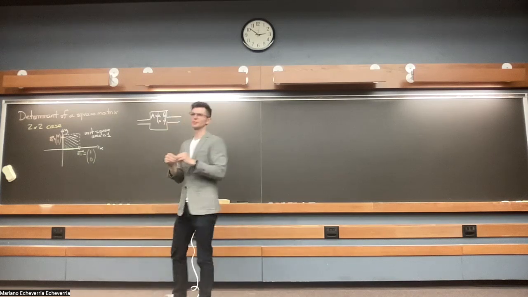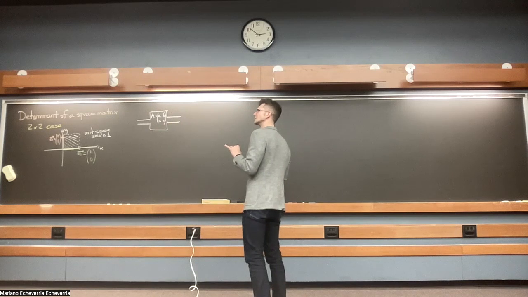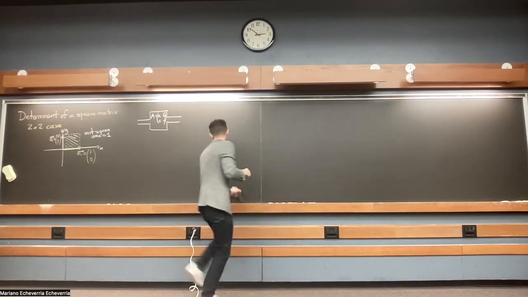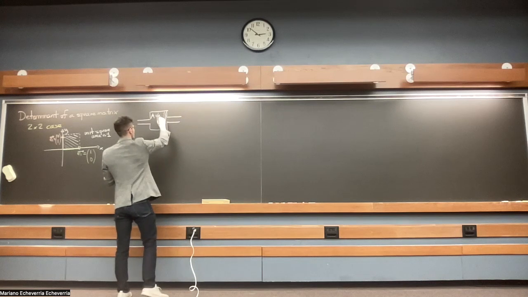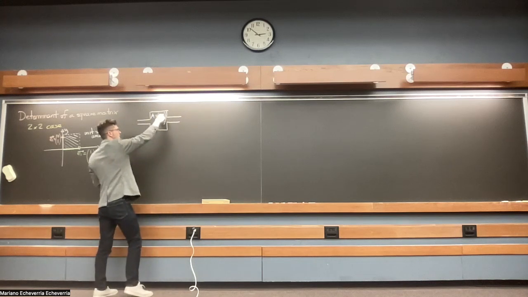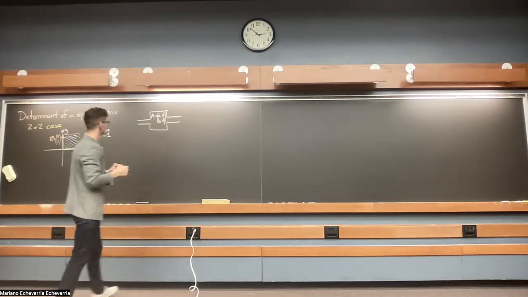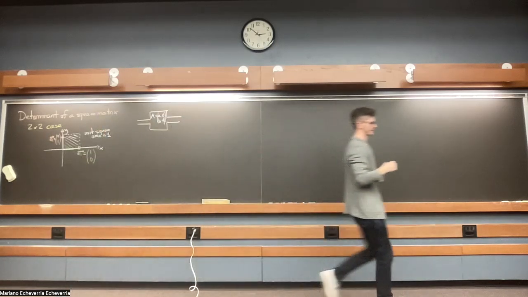Let's call it A. Usually I write it with entries a, b, c, d, but I'll write it with the columns as (a, b) and (c, d). It's the same way of labeling the entries, but it will make more sense for what I'm about to do next.